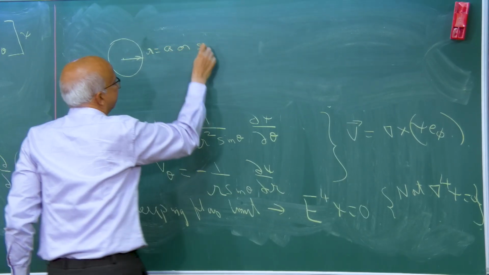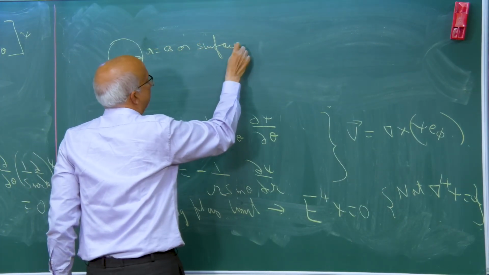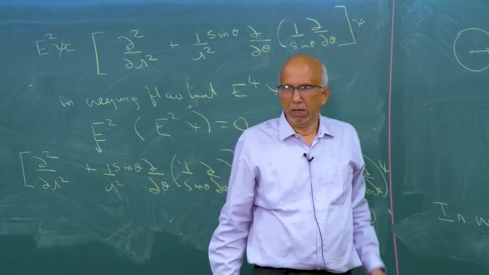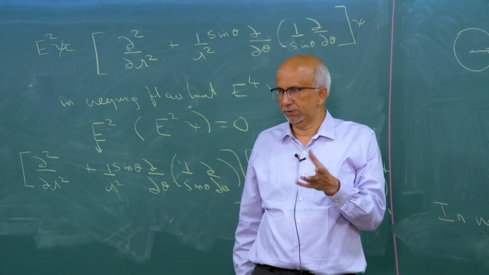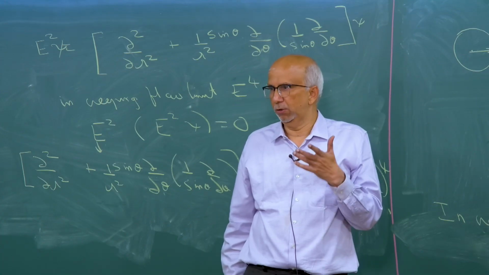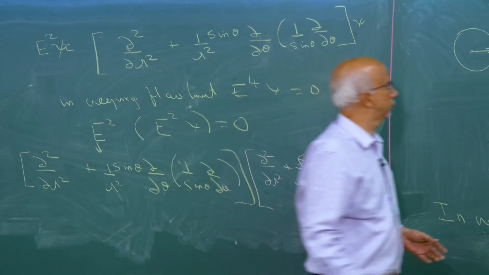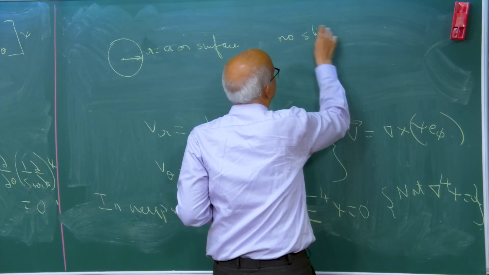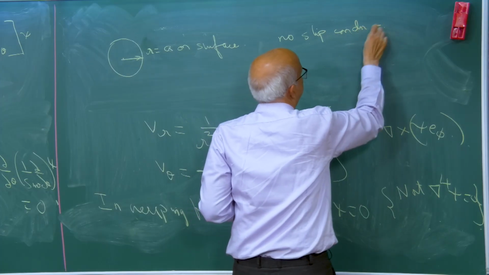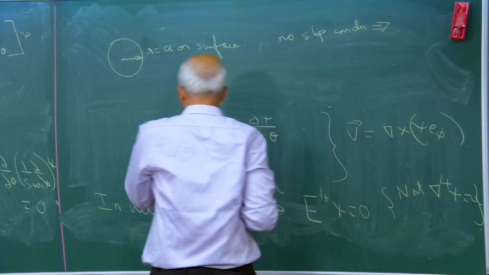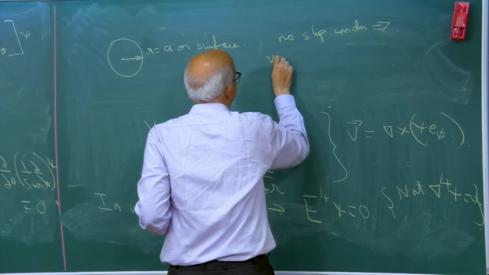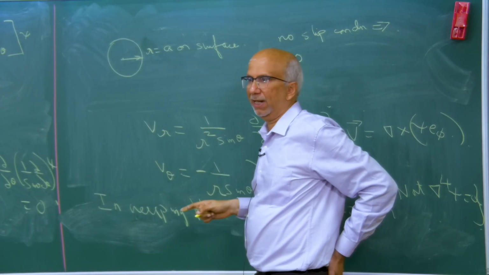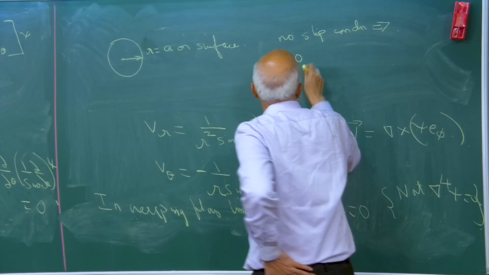On the surface, clearly you have to satisfy the no slip condition and the no penetration condition. So, the no slip condition implies, what does it imply? V theta is 0 for all r at r equal to a.